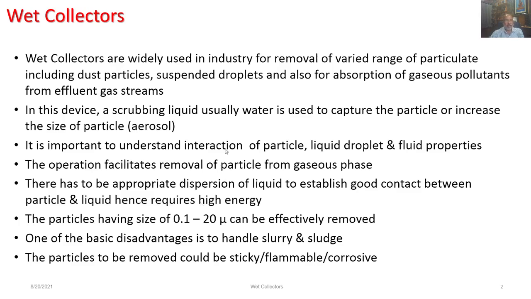However, this equipment is quite advantageous because it is helpful in removing very fine particles having a size of 0.1 micron. However, the range can be considered to be 0.1 to 20 micron. One of the basic disadvantages of this equipment, in addition to high power requirement, is the generation of slurry, and hence there is a necessity to treat that slurry and dispose of the sludge caused.